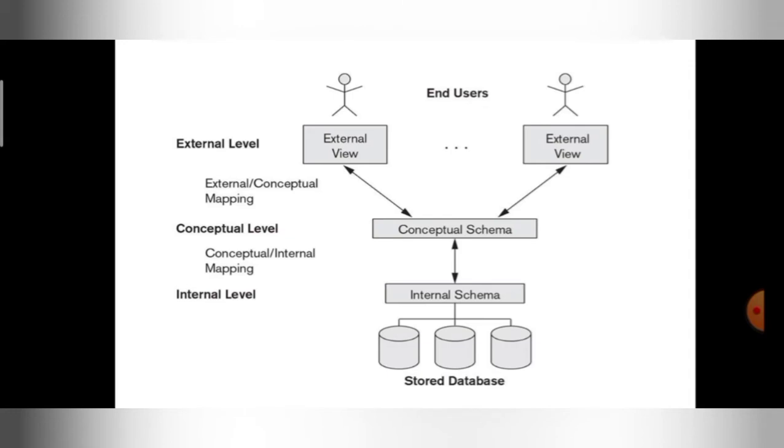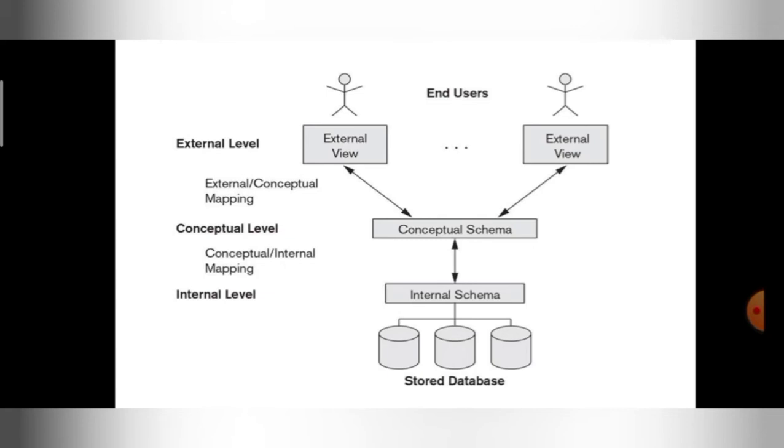So this is the diagram of three schema architecture. It is very simple. Here I am using three different types of schemas: internal schema, conceptual schema, and external schema. Each schema will be mapped to the others.